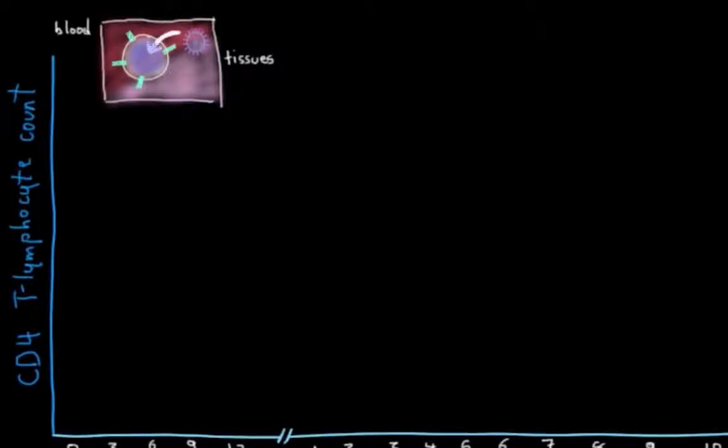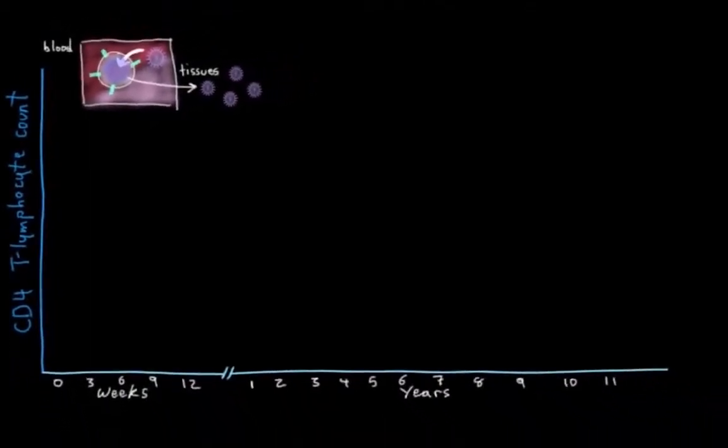And from inside a white blood cell, it can do two things. One, it can sort of hijack your cell's machinery, so it manages to insert its genetic material into your own cell's DNA, and from there it starts to make lots and lots and lots of copies of itself, lots of new HIV particles.